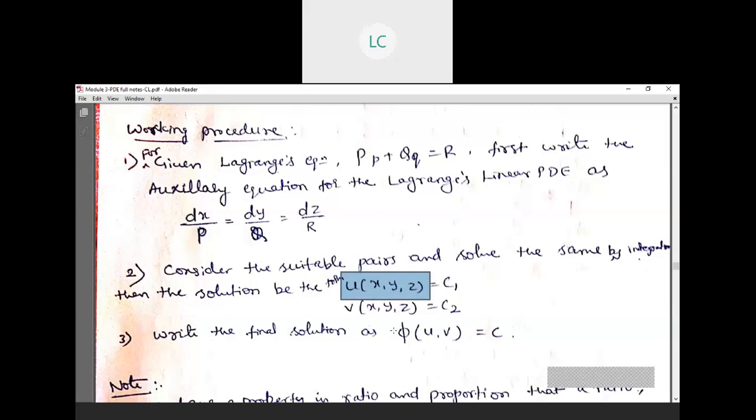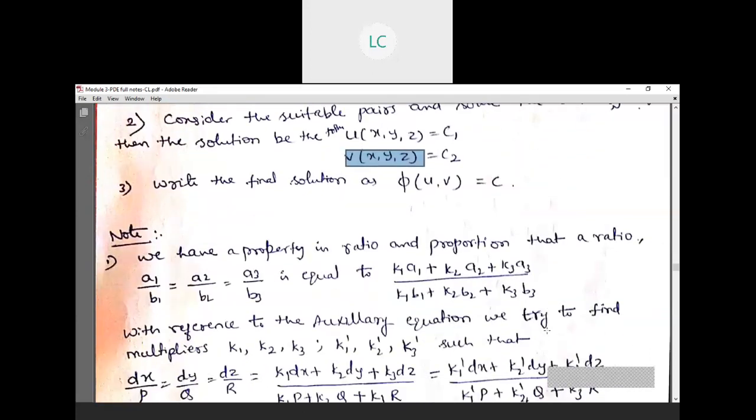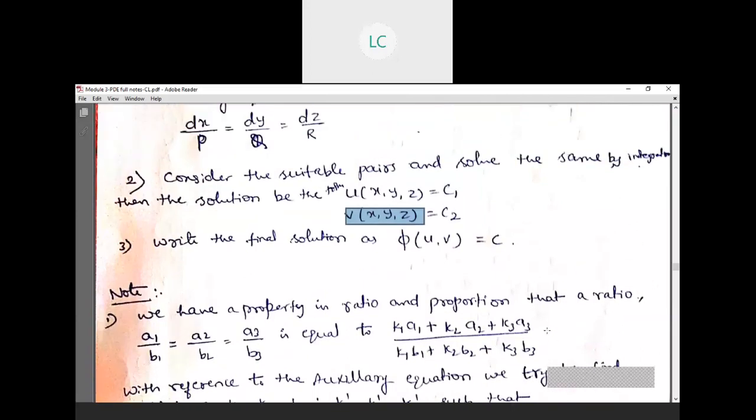After finding u and v, we write the final solution in the form phi of u comma v equal to C, or 0, you can write either. Just replace phi of u comma v by writing down the u and v values, which is equal to some constant, or you can write 0 also. These are the steps to find the solution.